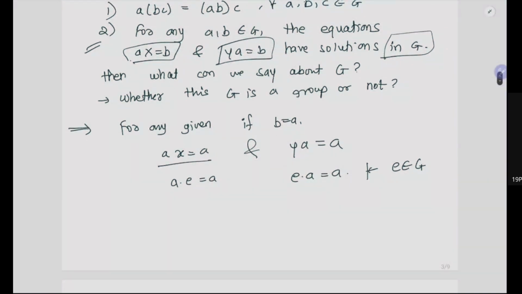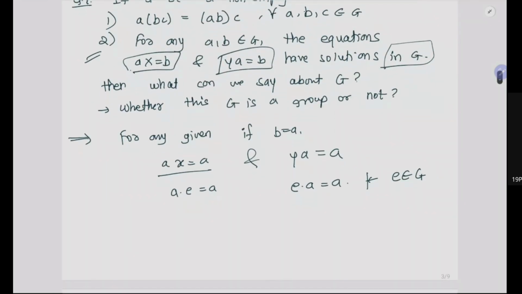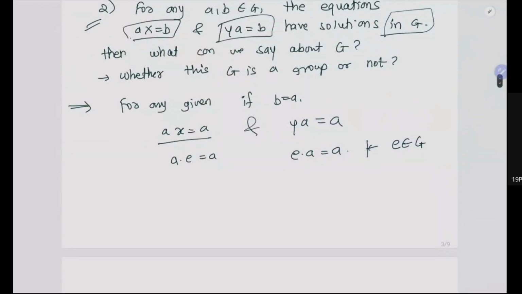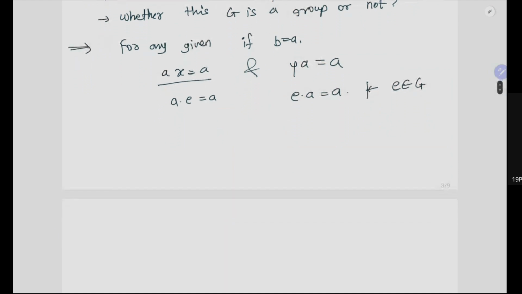So that's why the second property which we needed for G to be a group is satisfied. And for inverse, what choice of B or A can we have? If you take B as E, that I will take.